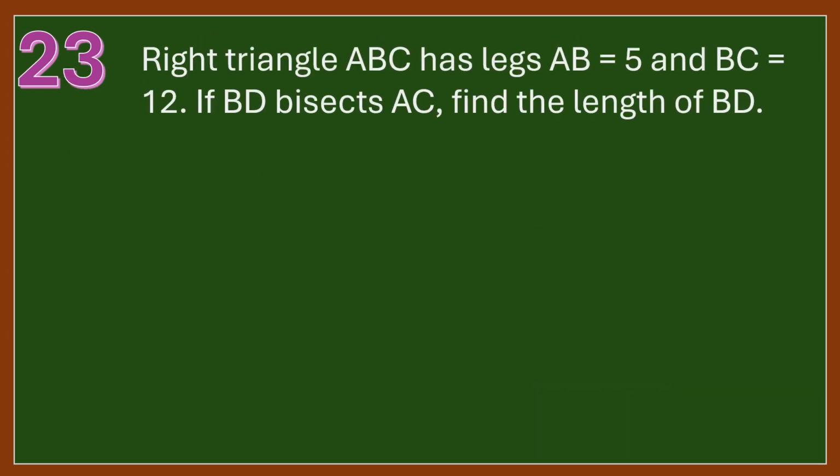Number 23. Right triangle ABC has legs AB equals 5 and BC equals 12. If BD bisects AC, find the length of BD. For our solution, let us draw right triangle ABC.